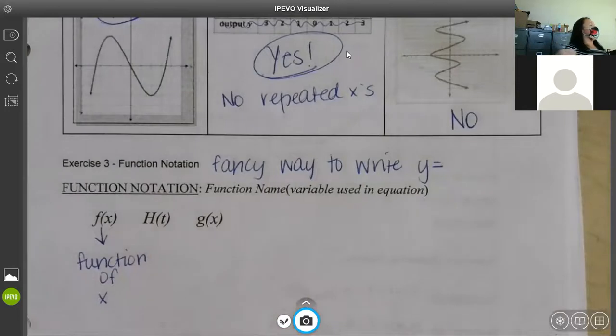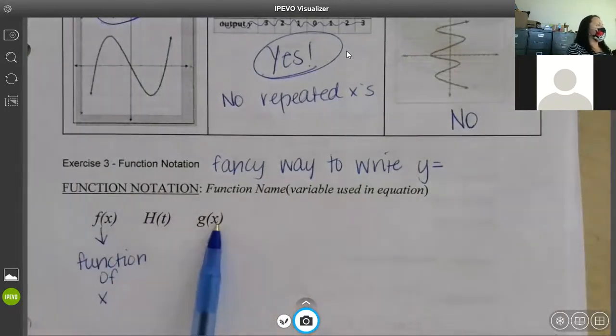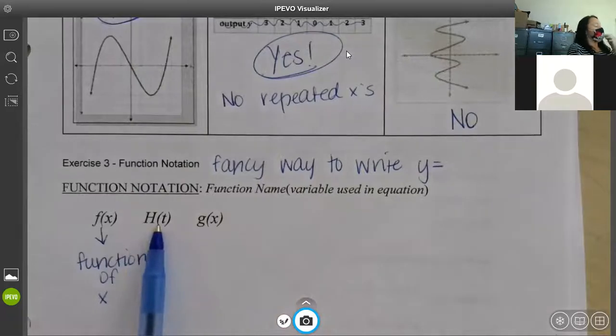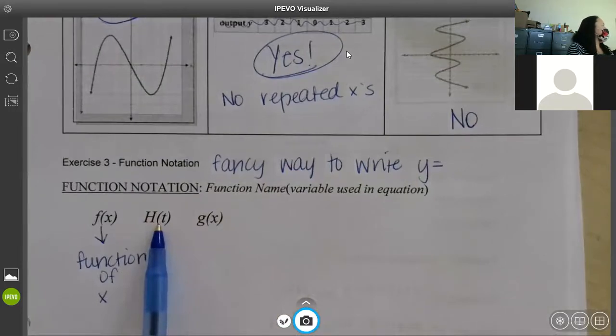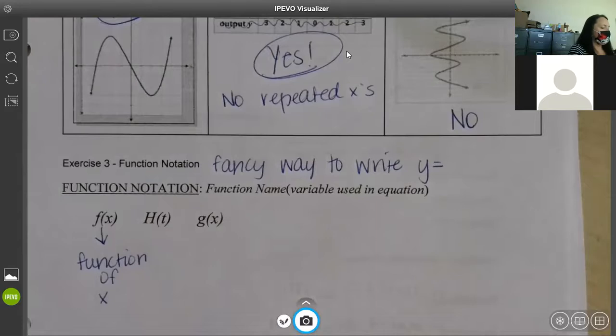To distinguish between different functions, they may use different letters. So you might see an f of x, you might see a g of x. And a lot of times, especially when we get to the quadratics, you'll see h of t. H will represent height and t will represent time. So height as a function of time. And we'll get there. Okay, so it's just a fancy way of writing that.